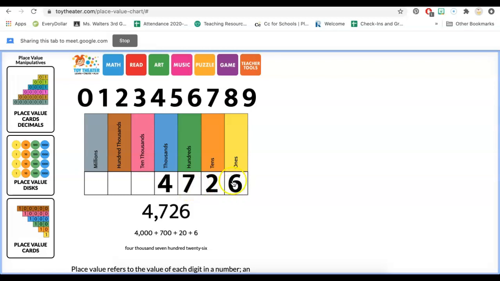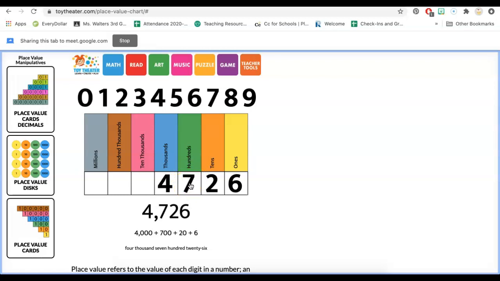So this 6 is worth 6 ones, or just 6. This 2 is worth 2 tens, or 2 times 10, which is really worth 20, right? And then 7 hundreds, so 7 times 100, which would be 700.